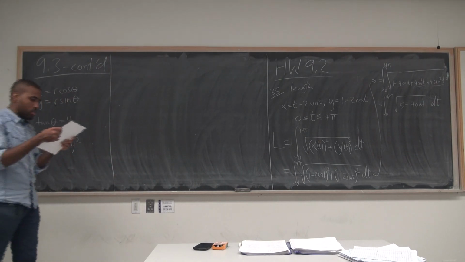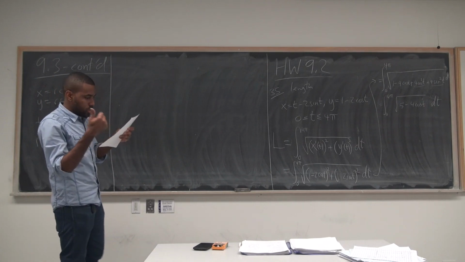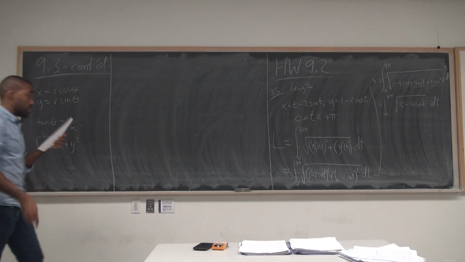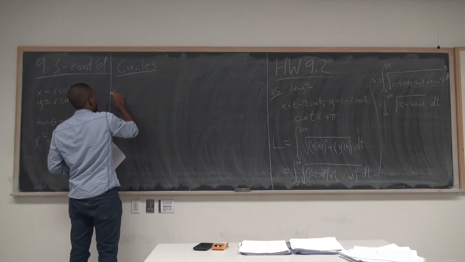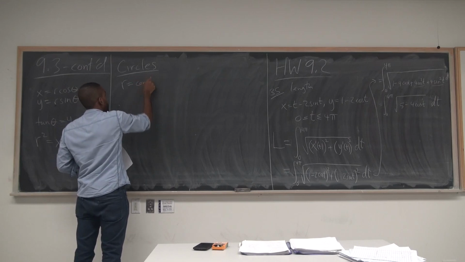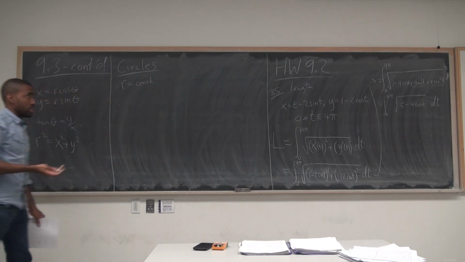Last time we were graphing some curves and we talked about how circles look. In particular, we know that circles in polar coordinates would look like either R equals a constant. That would be a circle centered at the origin.